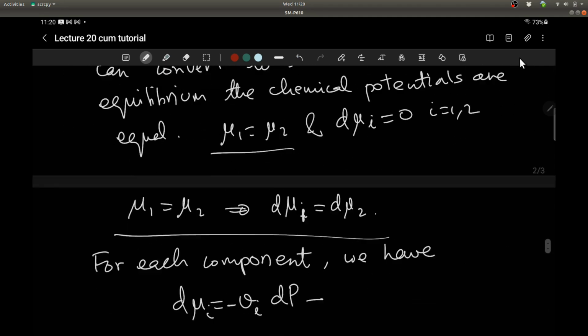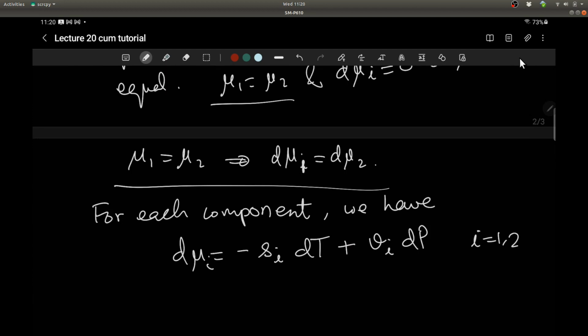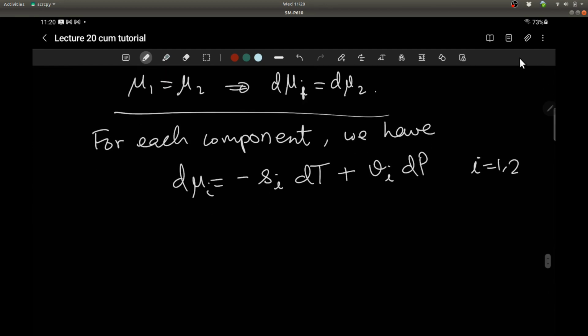Minus was with S, is it? There's nothing, they're just saying the change of the Gibbs potential. It's a version of this thing. So I want to do this. Okay, so good.